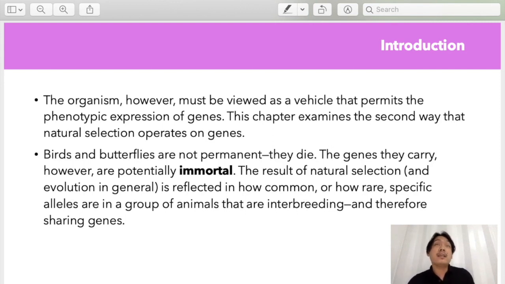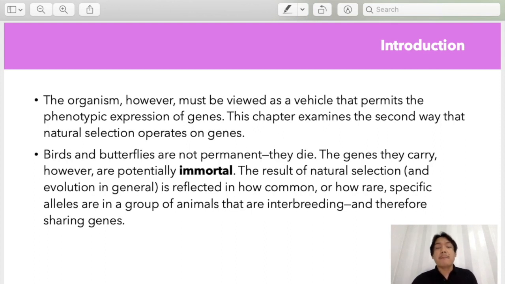Just like a butterfly or any animal, they carry down the important traits, like physical traits and survival traits. These traits are transferred from one generation to different generations.